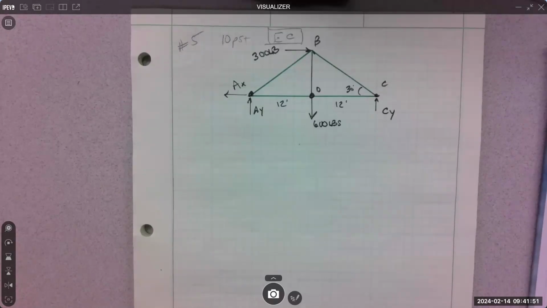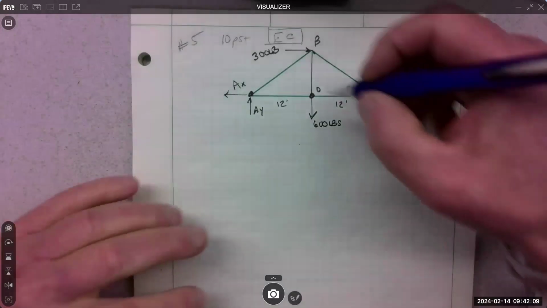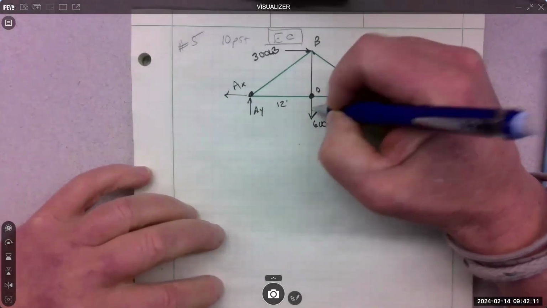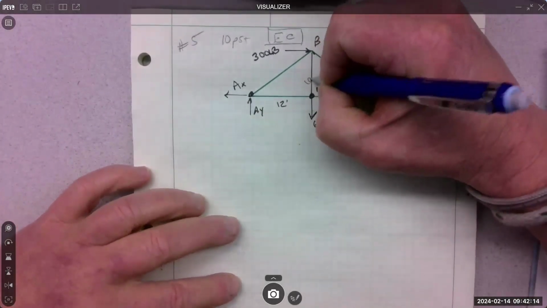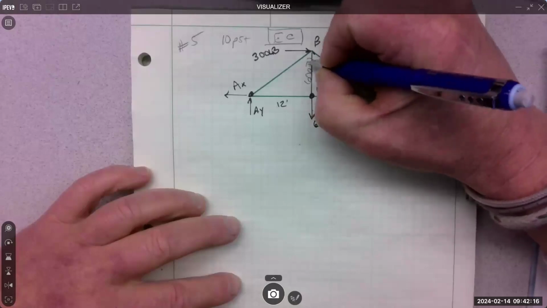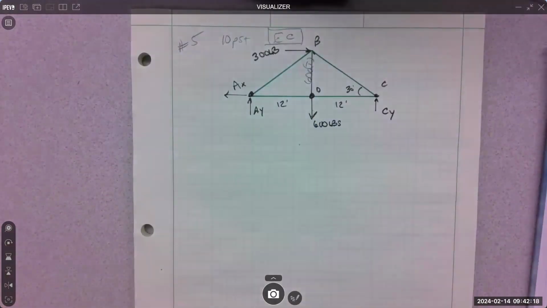What if the quiz said, what's the force in member BD? I don't know. Yeah, which. 600. Exactly. Looking at point D. It's gotta be direct 600, is it compression or tension? Points away from the point here, because this one points away, so this is 600 tension. By observation.